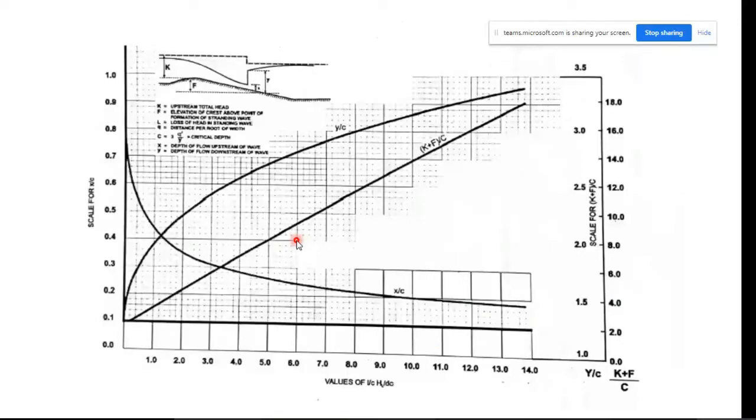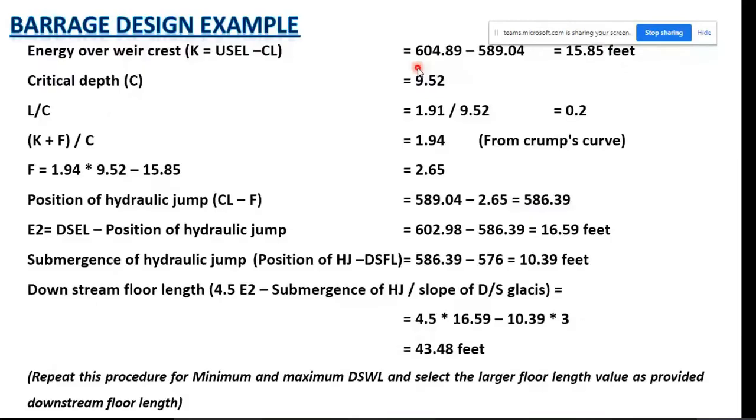Where energy head, or specific energy over the weir crest, is the difference of upstream energy level minus crest level, the same crest level as decided in step 3 and step 4. Critical depth is the cubic root of Q square over G, where Q is specific discharge. L over C, L is head loss, C is critical depth.